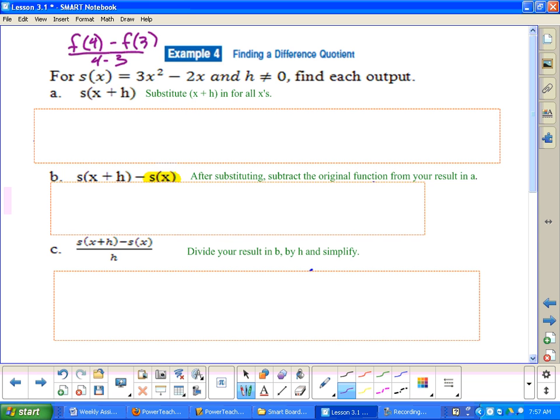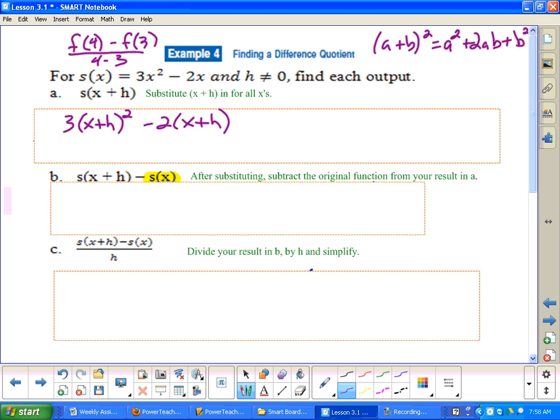So this is 3 times x plus h squared minus 2 times x plus h. Now this is why, when we're using the difference quotient, it's really important that you are able to do the perfect square trinomials. That you know that a plus b, that quantity squared, is a squared plus 2ab plus b squared.